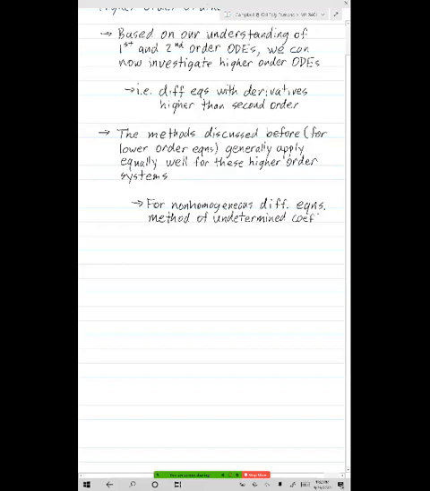Because remember that when we use the method of undetermined coefficients, the assumed form of the particular solution was independent of the exact form of the differential equation, just as long as it was LTI.